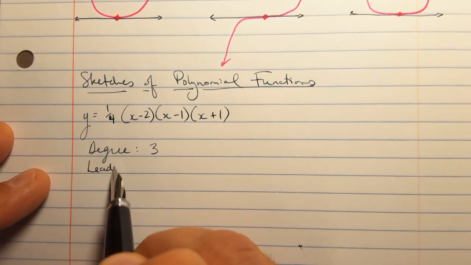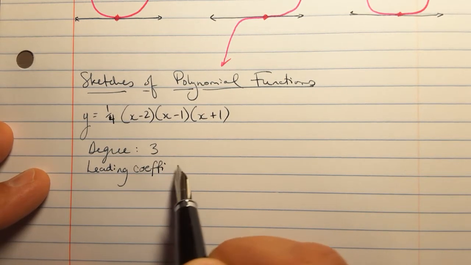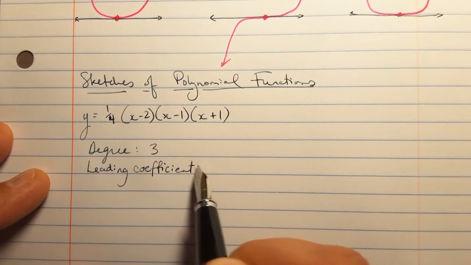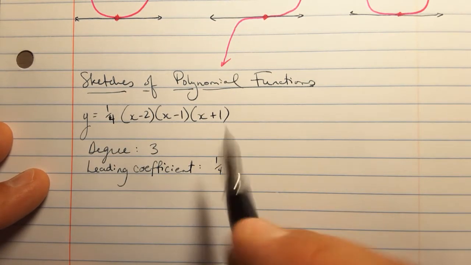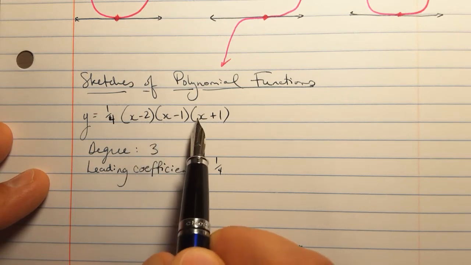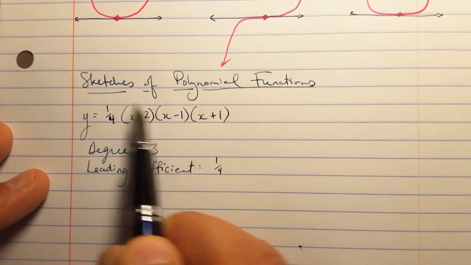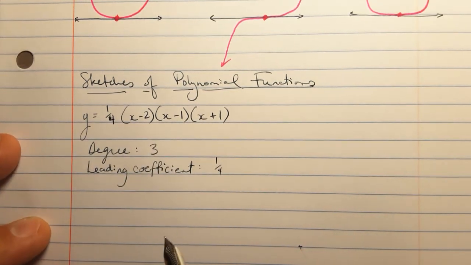What is the leading coefficient? Well, this is not in standard form, but you can still see the coefficient. The leading coefficient is this number out here, 1/4, and it's positive, because everything here is just an x in each of these factors. If there was like a 2x in here, you'd have to factor out the 2 first before you could see the leading coefficient of 1/4.